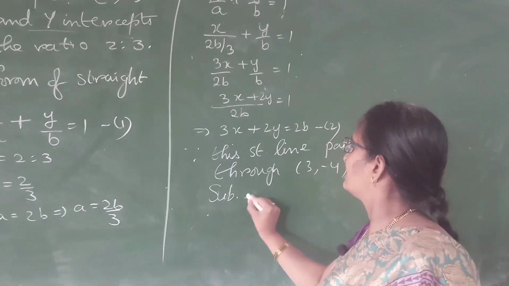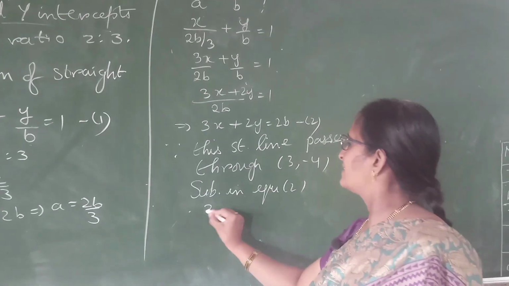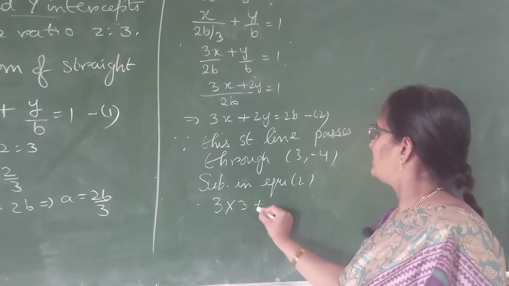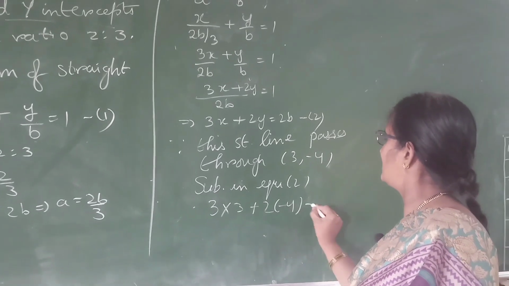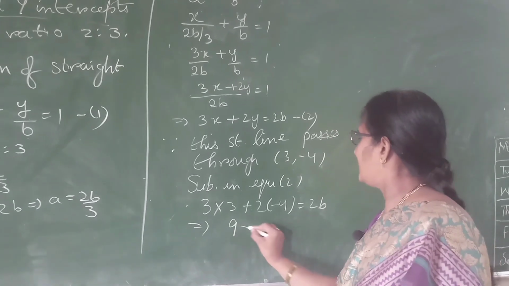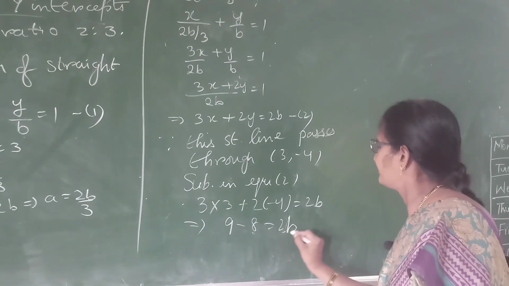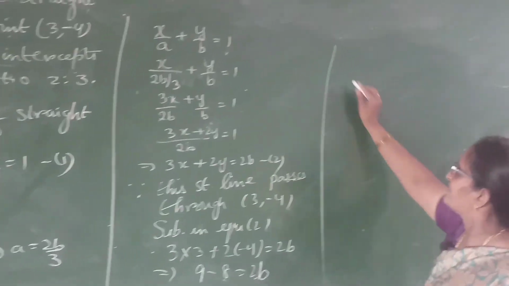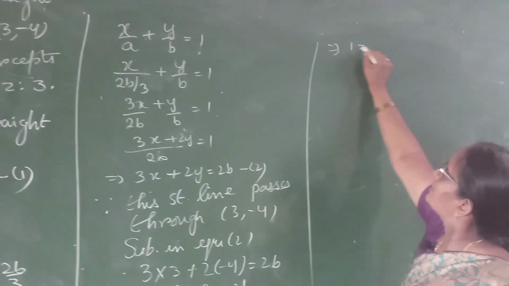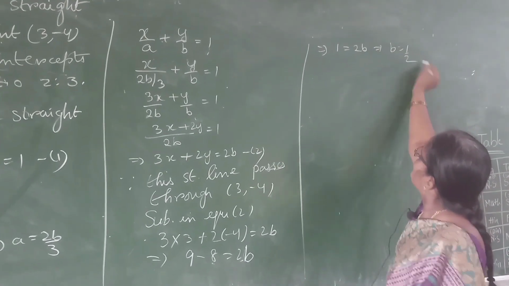Substitute in equation 2. So, what will you get? 3 into 3 plus 2 into -4 equal to 2b, which implies 9 minus 8 equal to 2b, which implies 1 equal to 2b, that is b is equal to 1/2.